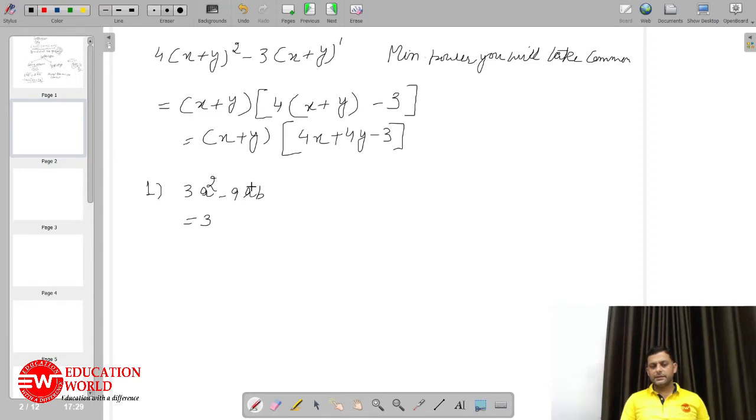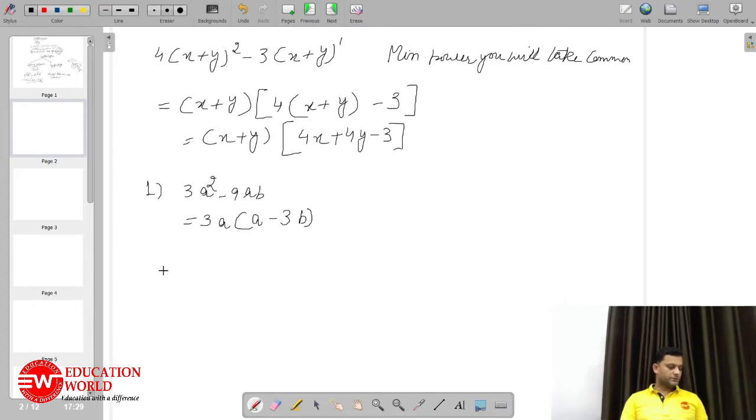A square is there, A1 is there, so minimum power A. Here no B is there, here it is B. We cannot take that common because in HCF you have to take common out. So 3 you have taken, A square, 2A are here, 1 you have taken, so 1 is left out. Minus, so when 3 you will divide, it will be 3. 1A you have taken, but B is still inside.